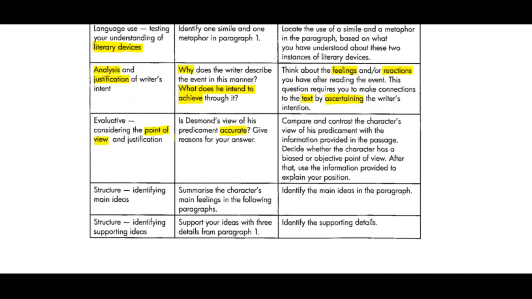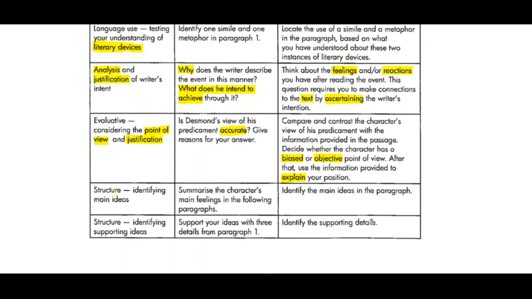The reason will be the justification. Why do you say that his point of view is inaccurate, for example? You can say that it is biased, or that his point of view is objective, and justify by explaining why you say that.